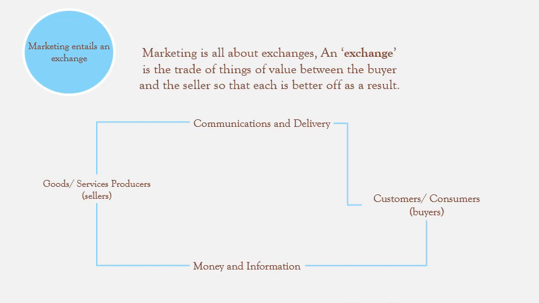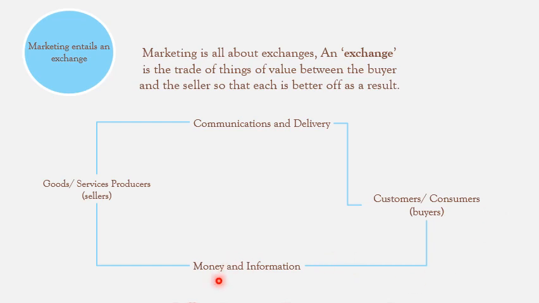And down here we have a little diagram just to kind of visualize these exchanges. Communications and delivery always go to customers or consumers, more easily and commonly known as the buyers, which we tend to put ourselves in that situation in our everyday life.